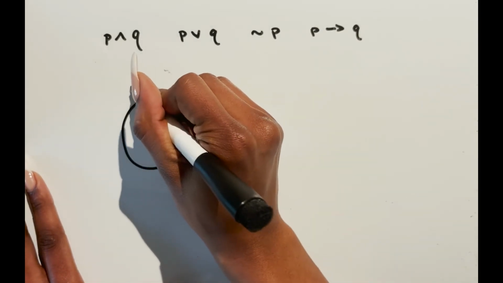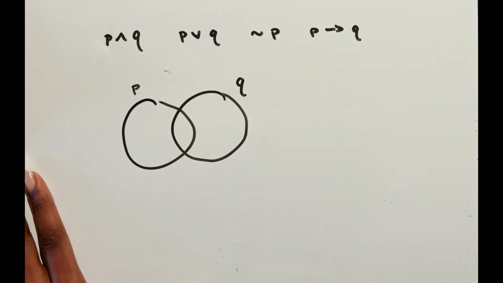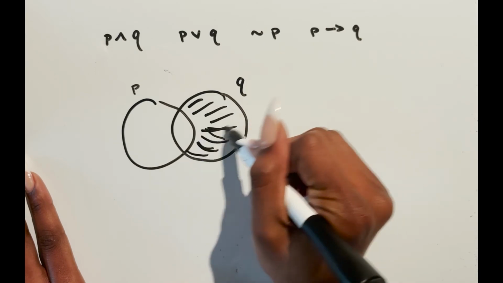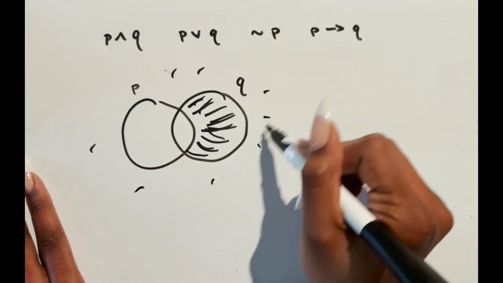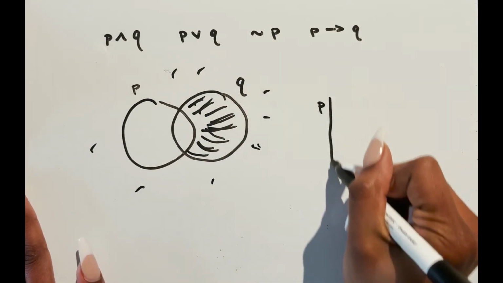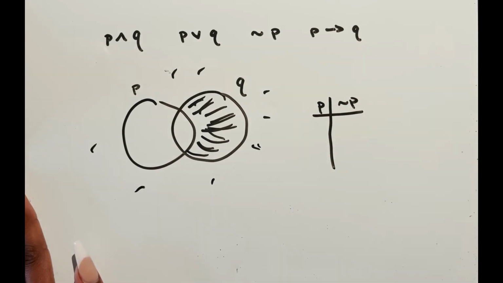Let's say that we have set P and set Q. Not P would be anything represented in the Venn diagram that's not P. The truth table for this looks like, we'll just write P and not P.